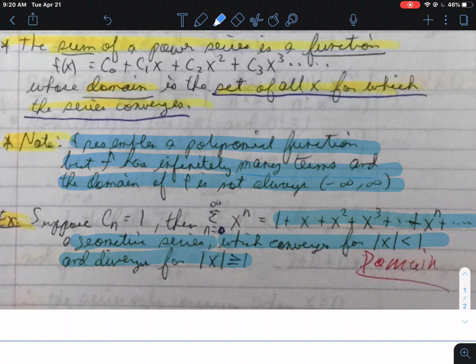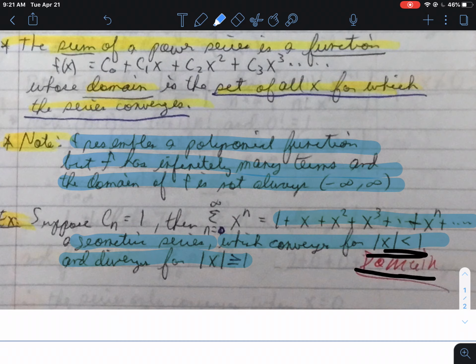Now, in the context of the function, since these are the values for which the series converges, that becomes the domain of our function f of x, which is defined by that series. That's the basic idea of how power series work.